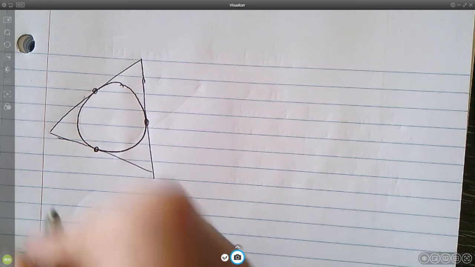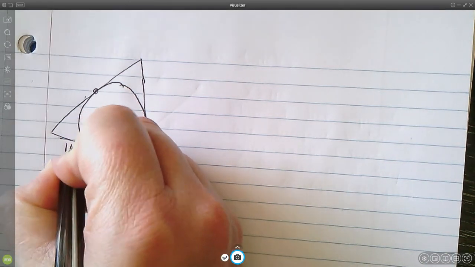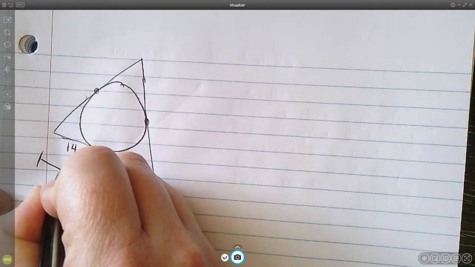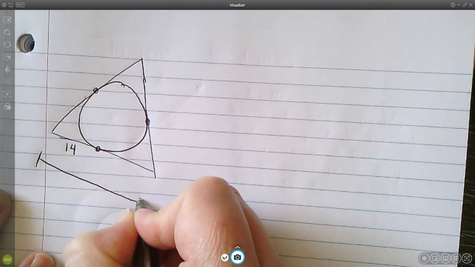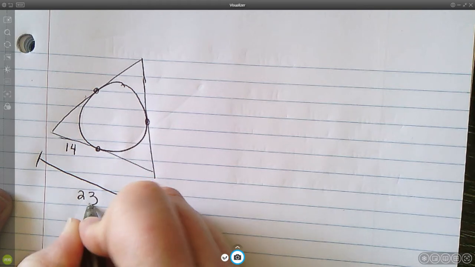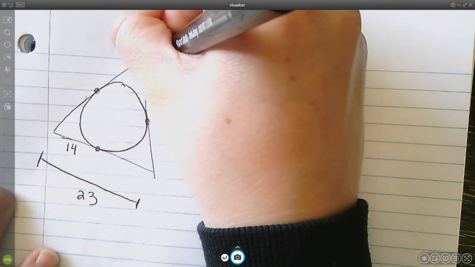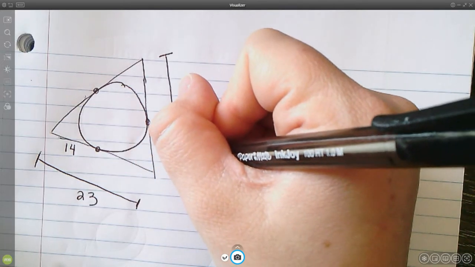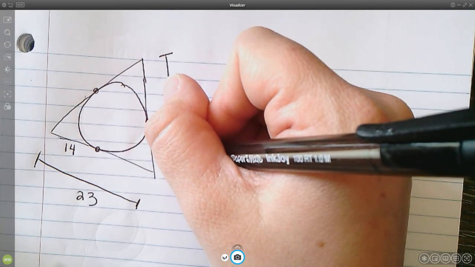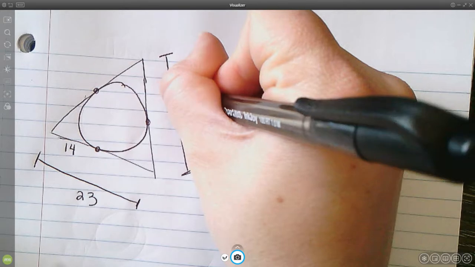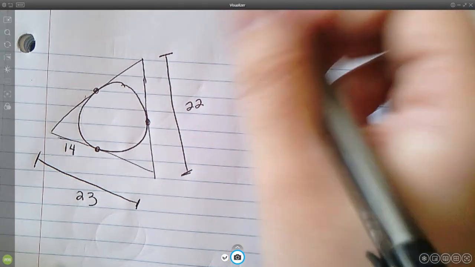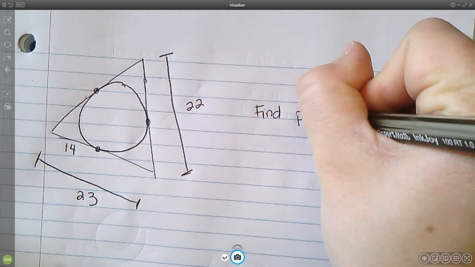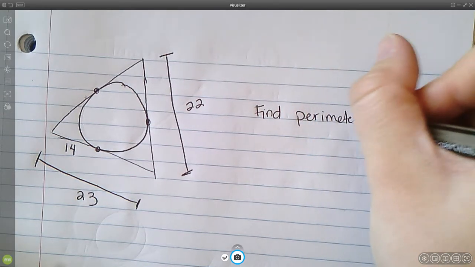Let's say that this length right here is 14. This whole length is 23. This whole length, let's say, is 22. And I want you to find the perimeter of the triangle.